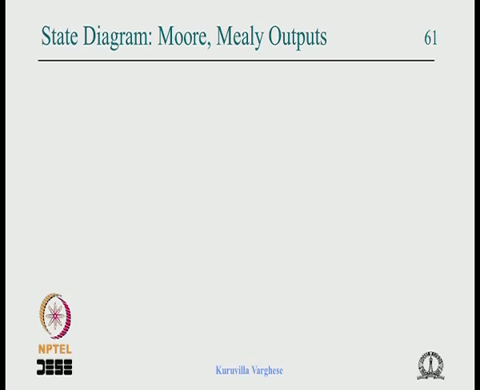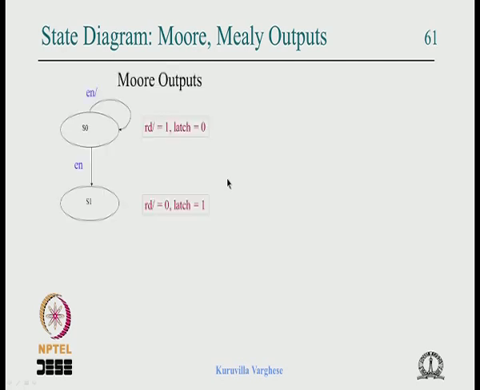Now we have to handle both Moore and Mealy output in the case of output. This is the Moore output I have shown here. In this state, say there is a signal called read bar which is 1 and latch 0, okay. That is what is shown here, and this is associated with this state.